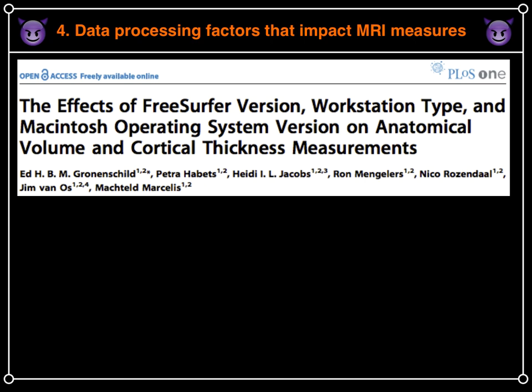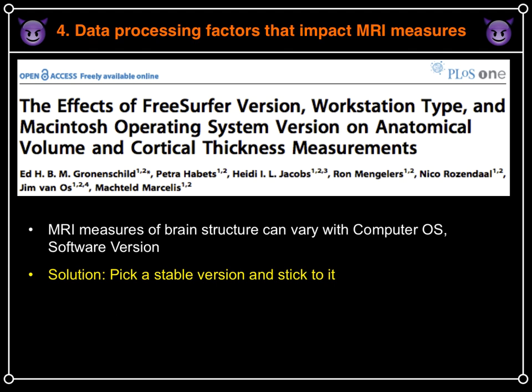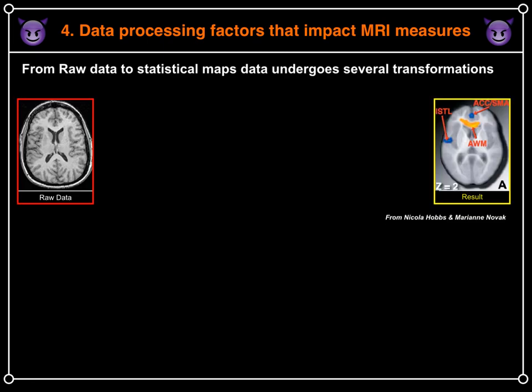The reason is that certain operating systems have a certain floating point correction, and when you do it iteratively, it produces systematic changes, and lo and behold, you have some changes in cortical thickness measures. So the solution is to pick a stable version and then stick to it. If you are starting a project, stick to that particular version and don't change.